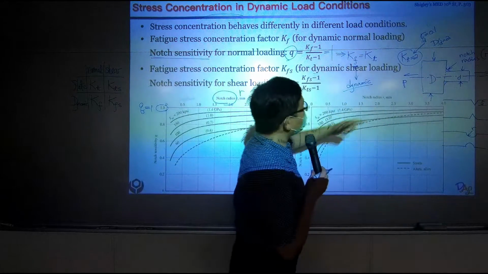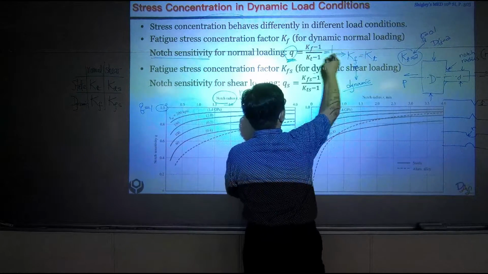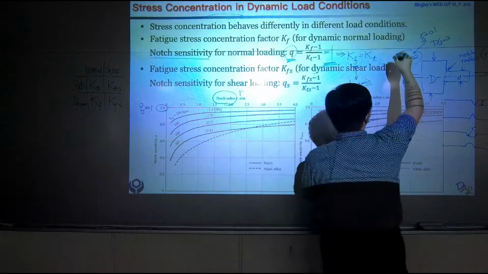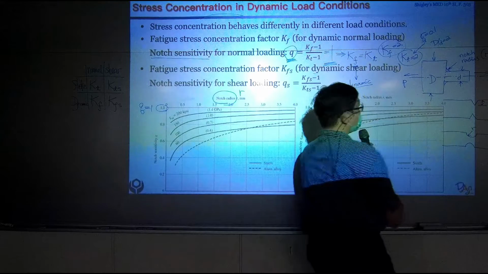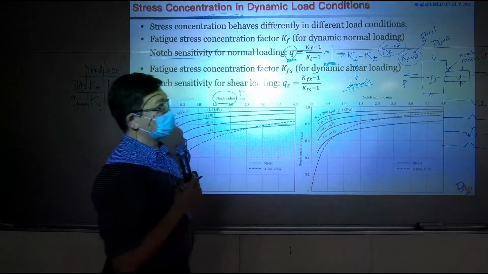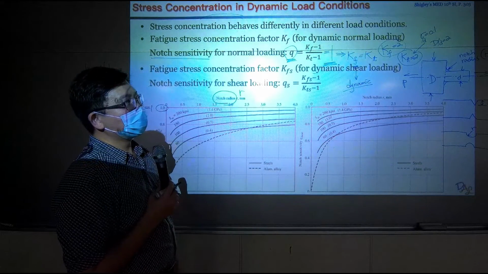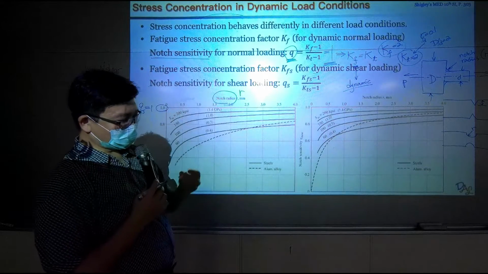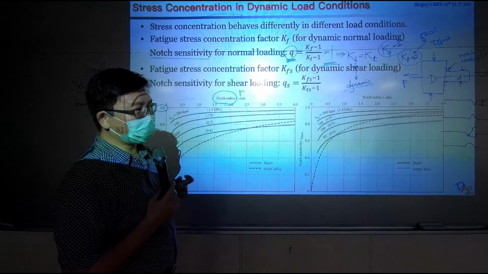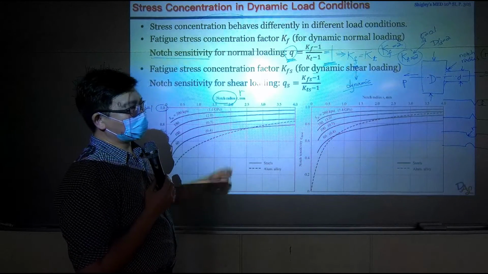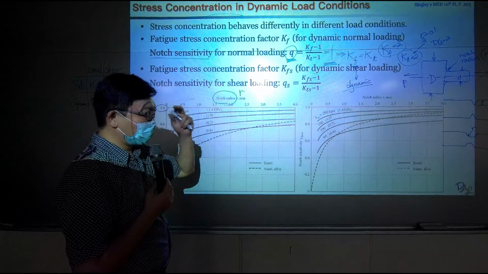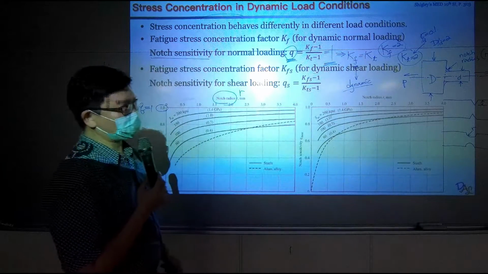So if this material has Q equals 1, that means Kf is also 2. Okay? So that means when this is large, this material is also sensitive to the geometry of the notch.